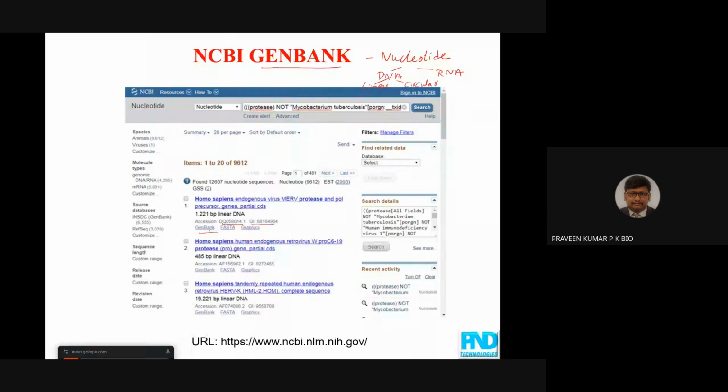These are the identifiers along with the protein name. And of course, in Manage Filters, we can also select the species name. If you want to select the species specifically along with the protein, we can select it using Manage Filters.